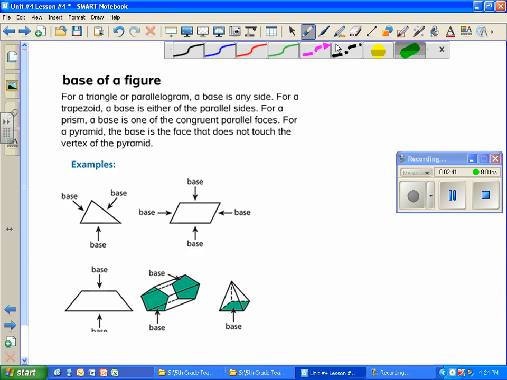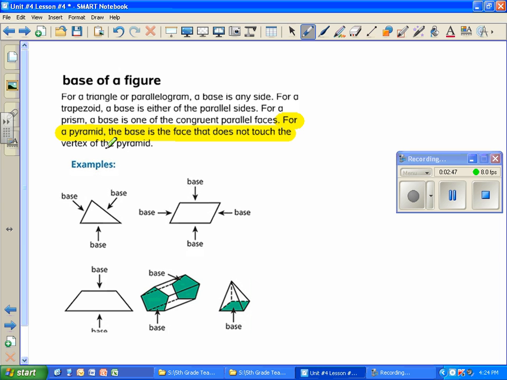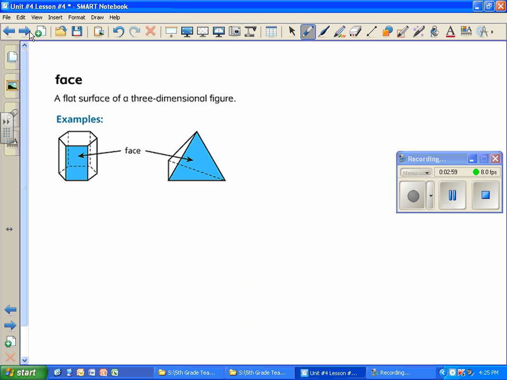So they're talking about right here, does not touch the vertex of the pyramid. And face: a flat surface of a three-dimensional figure, which you've had already. So these would be considered the faces of the triangular pyramid.